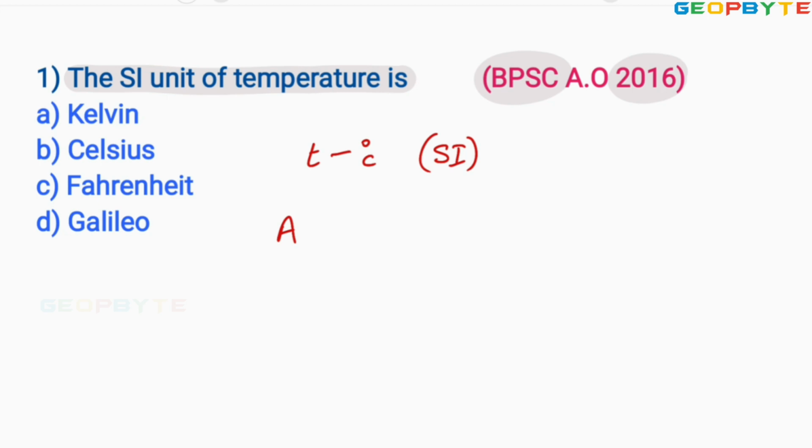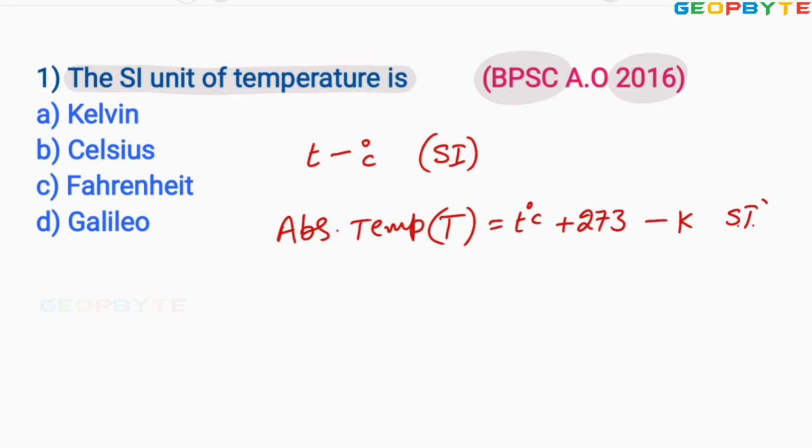And absolute temperature is denoted by capital T, equal to thermometer reading in degree centigrade plus 273. The resultant unit is Kelvin in SI system.